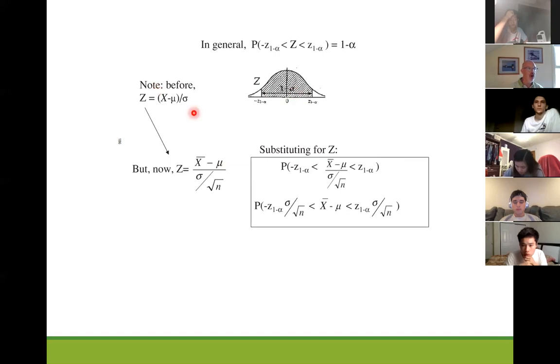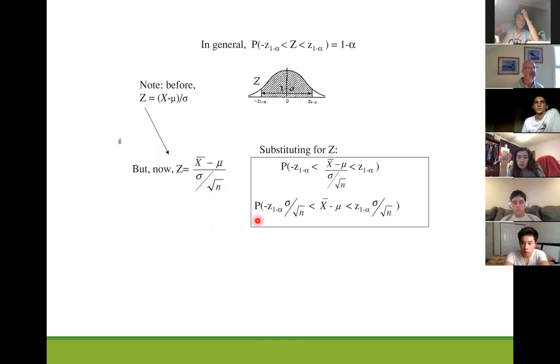Now, from before, it was always Z equals X minus mu over sigma. But now we have our sample, so it's X bar minus mu over sigma over radical n. The denominator here is the standard error, what we just spent homework doing today.